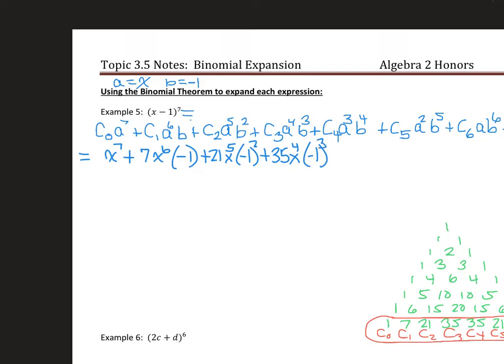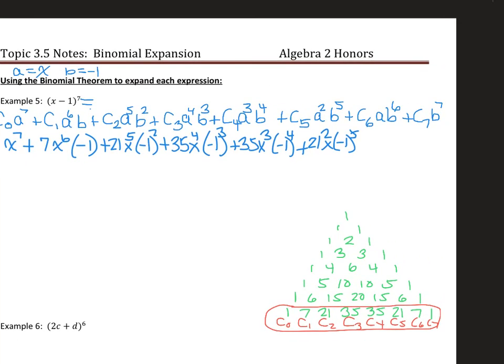C sub 4 is also 35. And C sub 5 is 21. So I'm just substituting in these values, and then we're going to simplify as our last step.